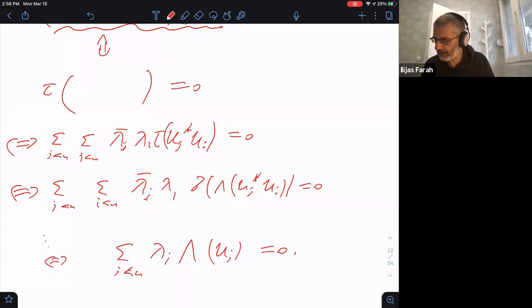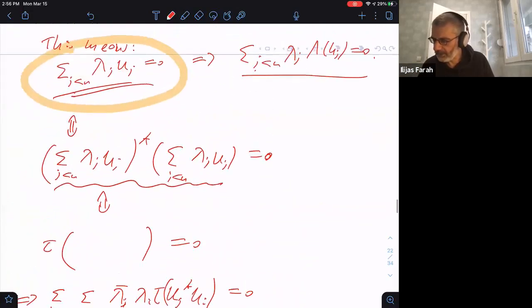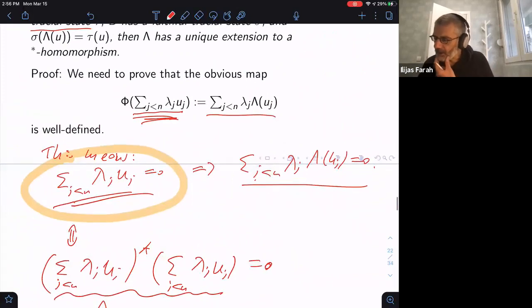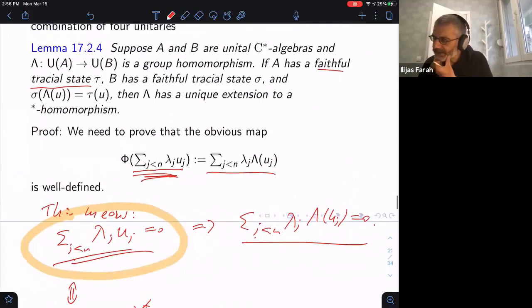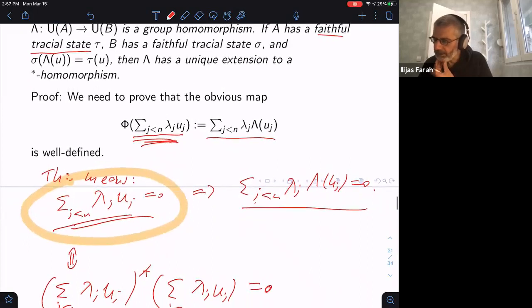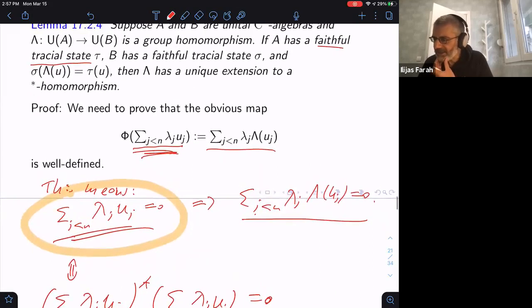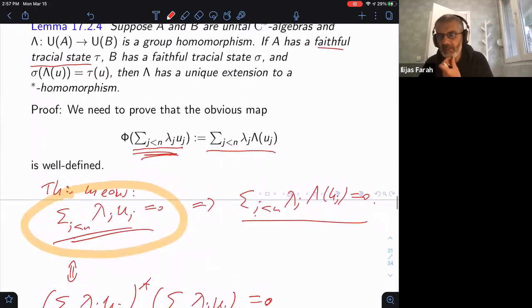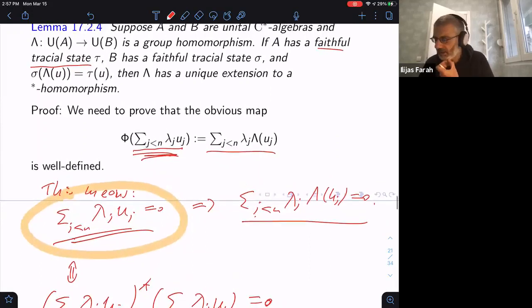No, it's an excellent point. So although this is always stated in terms of tracial states, yeah, but you're right. It doesn't use it. It's just easier to get hold of a tracial state because, you know, especially if it's unique.